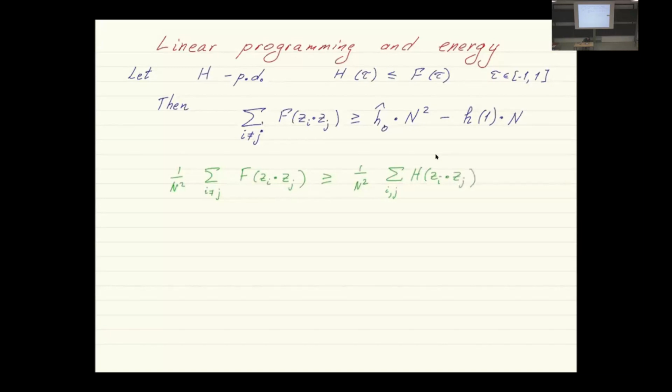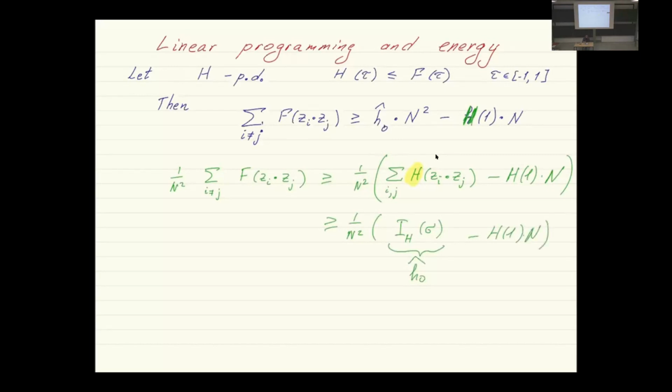But then I'll have to subtract back, and sorry, this was supposed to be capital H of 1 times n, the diagonal terms, right? And again, if this function here is positive definite, the discrete energy is bounded below by the minimal energy over all measures. So that's bounded below by 1 over n squared times the minimal energy, which is just the energy of h at sigma, which is equal to the zeroth coefficient of h minus h of 1 times n.